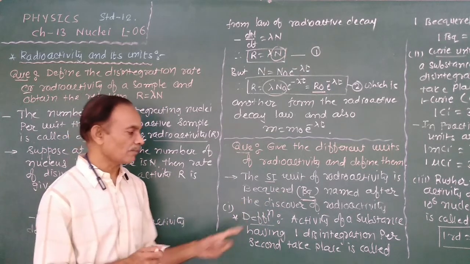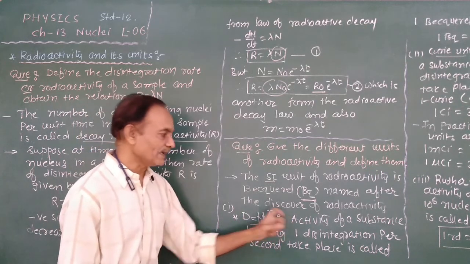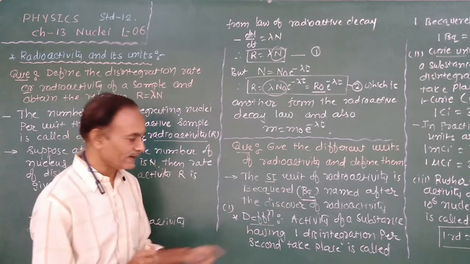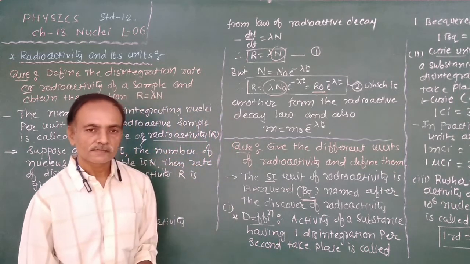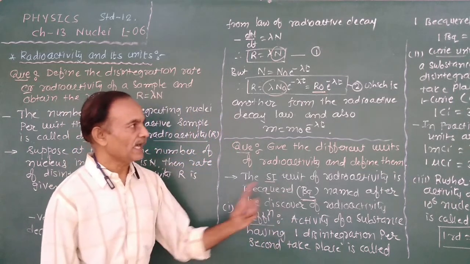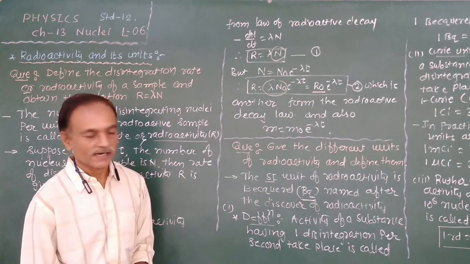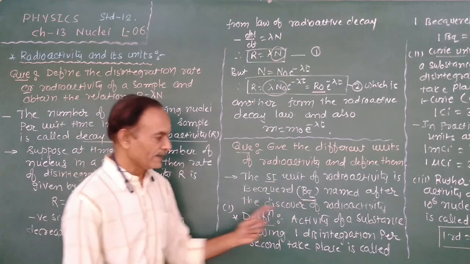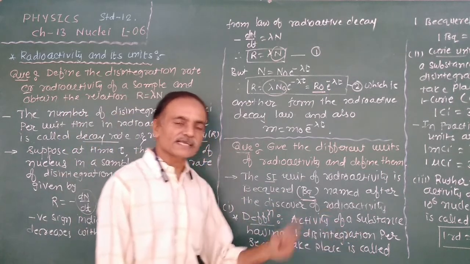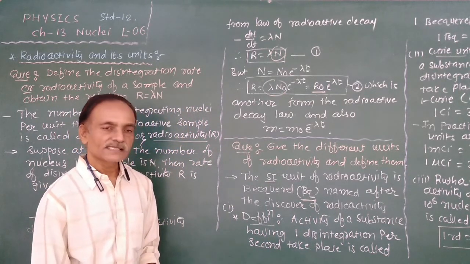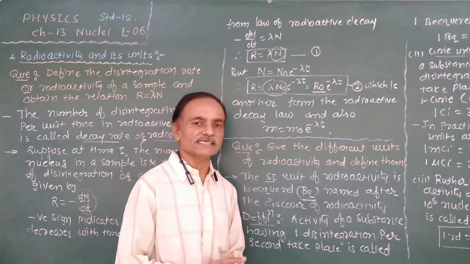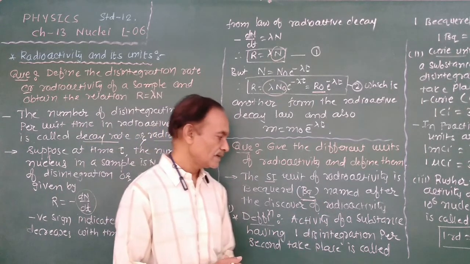What is the definition of 1 becquerel? The activity of a substance or sample having 1 disintegration per second is known as 1 becquerel.